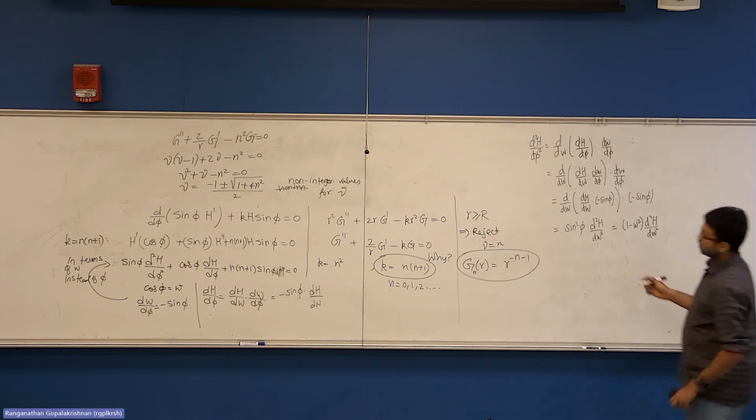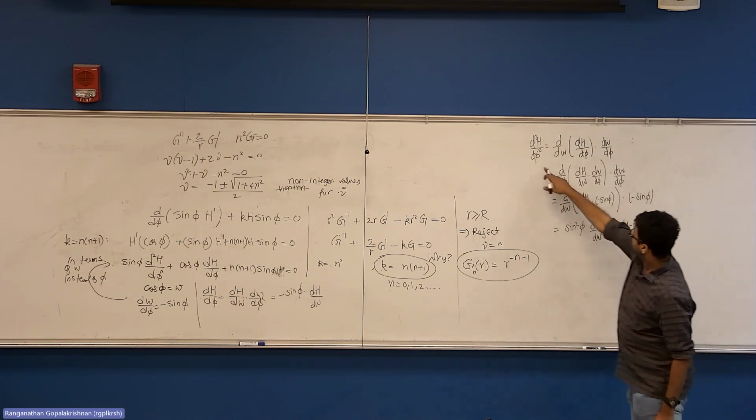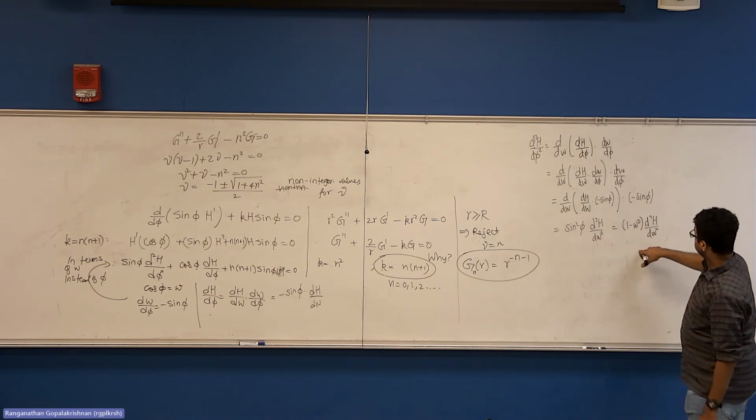So let's see here. I have sin phi, and then I have d squared h over d phi squared.